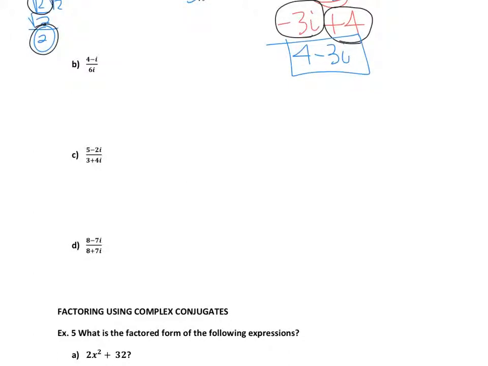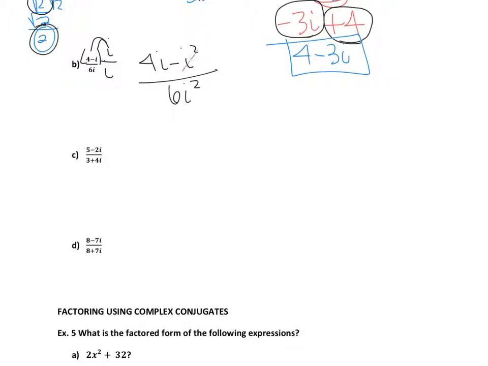So on part B, we're going to do the same thing. The 6 is not the problem on the bottom. It is the imaginary. It's the I. So I'm going to multiply the top and the bottom by I to try to get rid of it. On the top, when I do that, because that's basically just like distributing the I through, I get 4i minus I squared. And on the bottom, I get 6i squared.